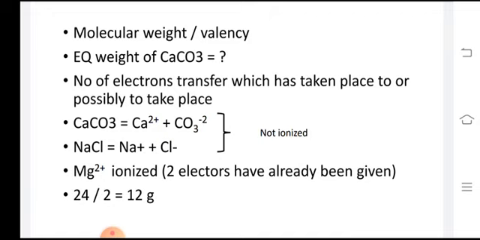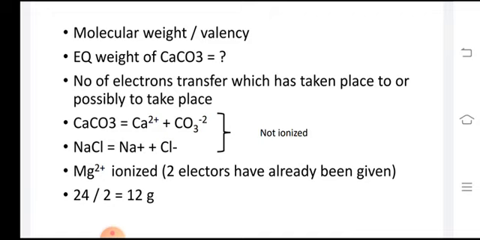If you see the above example NaCl, in Na we have 11 electrons: 2 in the innermost, 8 in the second circle, and 1 in the extreme circle. So it has the potential to donate 1 electron. It can lose 1 electron, and when it loses 1 electron, it will get the charge Na plus, because overall the charge has become positive on the sodium atom.